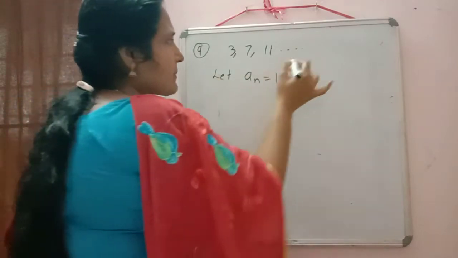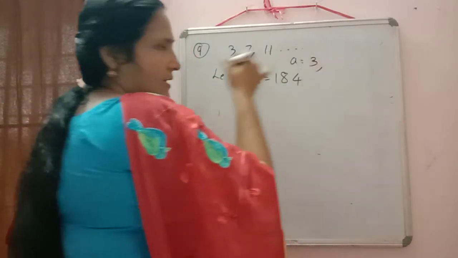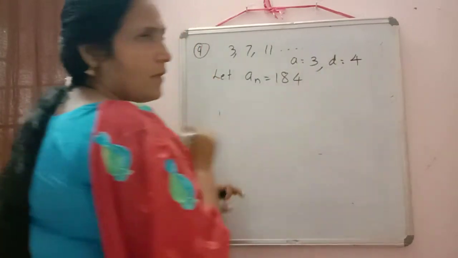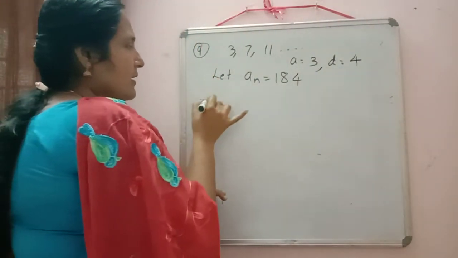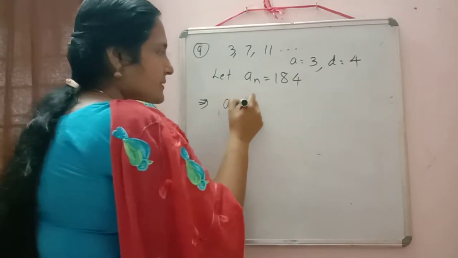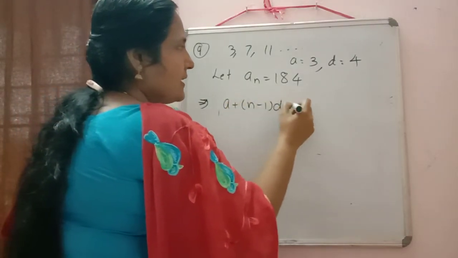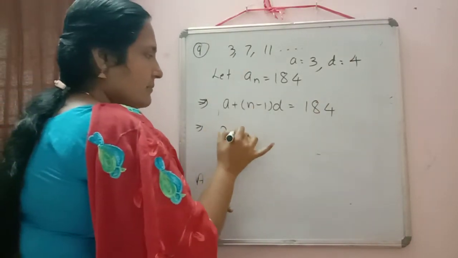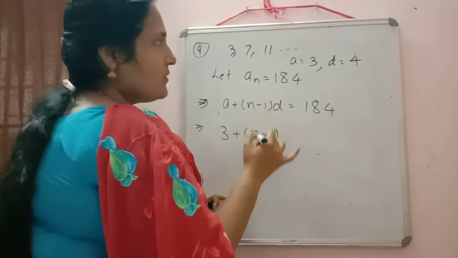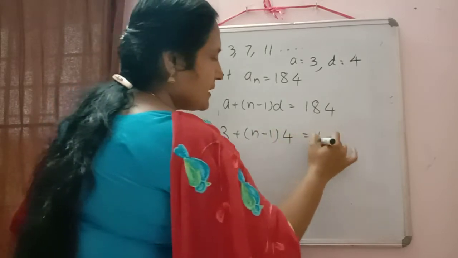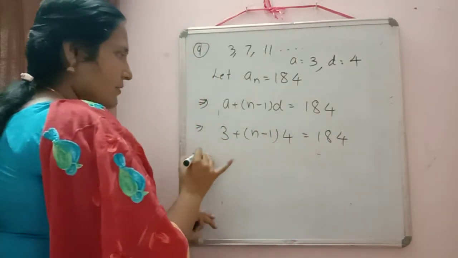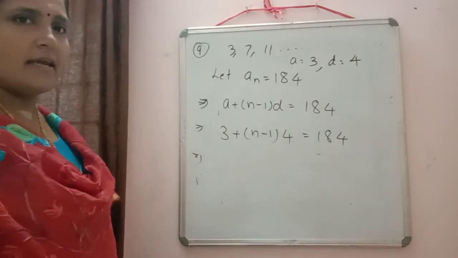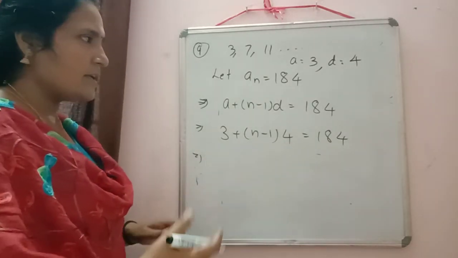What do we have here in place of a? 3. And d? 7 minus 3, that is 4. Now we will substitute in an: a plus (n minus 1) into d is equal to 184, so 3 plus (n minus 1) into 4 is equal to 184. Now we can shift 3 to the left hand side, or you can simplify it here; it depends on which method you want to use.